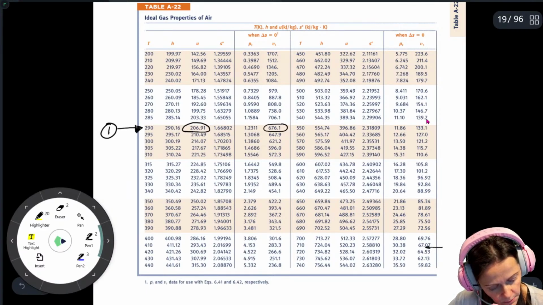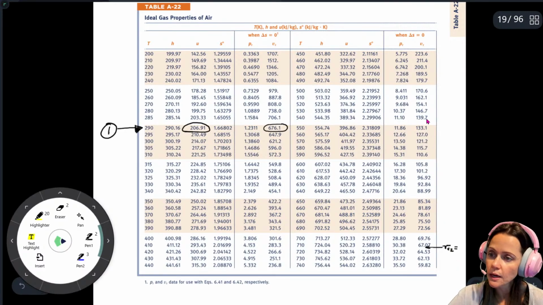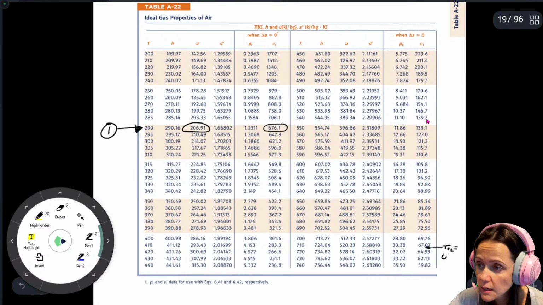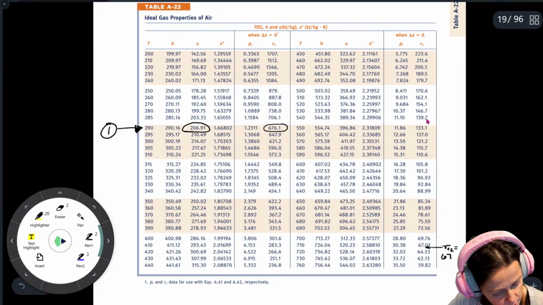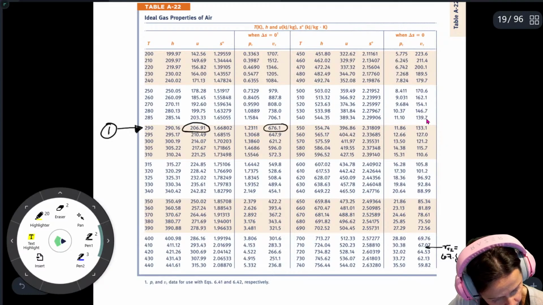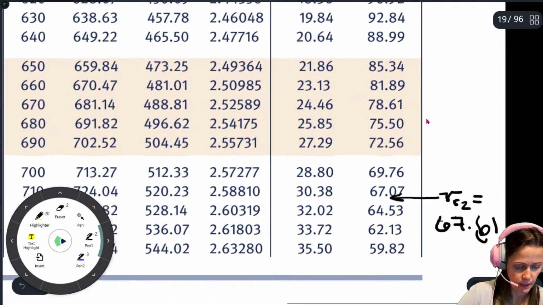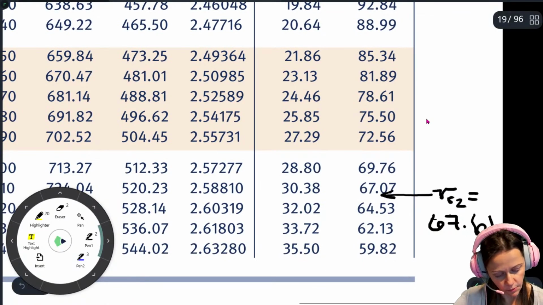So this is going to be VR2. My head's probably in the way, but I've got 67.61. Okay. So I'm going to zoom in there just so we can see what we're talking about.